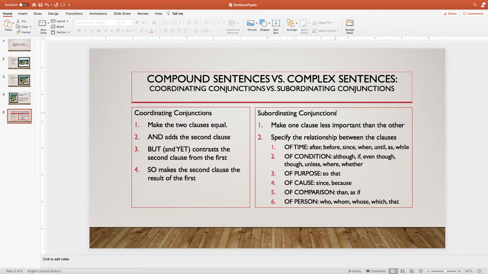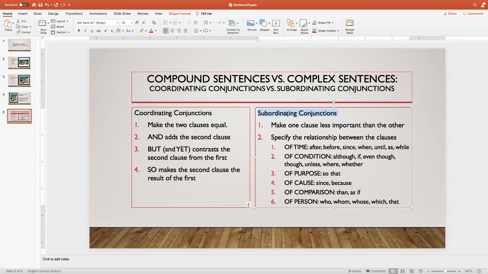Okay, subordinating conjunctions, again, they create a different type of sentence. They do not make the two clauses equal. They make one clause less important than the other. And there are many subordinating conjunctions. Long list of them. Actually, I think this might be all of them. What subordinating conjunctions do very nicely is they specify the relationship between the clauses in much clearer, more specific ways than this. There are subordinating conjunctions that indicate time.